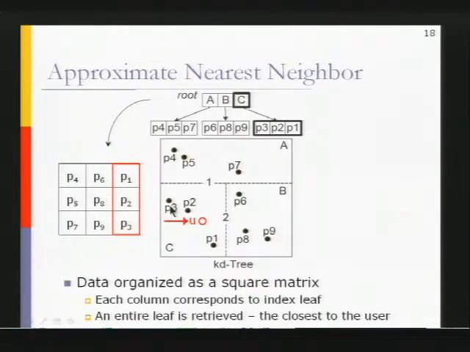And then the user can choose which one is the nearest. Of course, this is still approximate. If the user, for instance, were situated somewhere around here, most likely the nearest neighbor would be P6 or P7. However, this gives good results in practice. Questions so far?